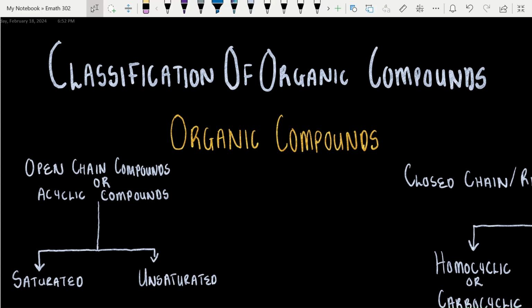So to make the job easier for ourselves, we group them according to some characteristic they have, right? One easy way to group is using their functional groups. And you're going to be using that a lot throughout the whole course. That's how you'll be studying their reactions, according to their functional group. The functional group tells you the family, the homologous series.